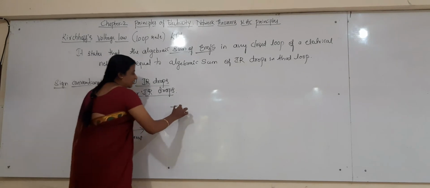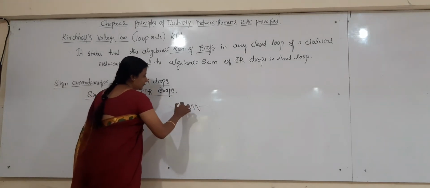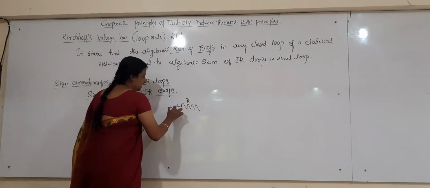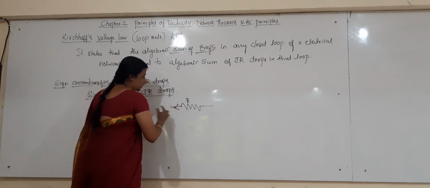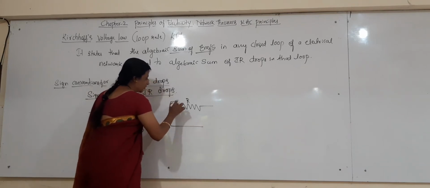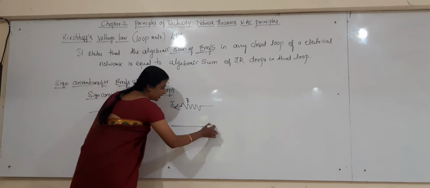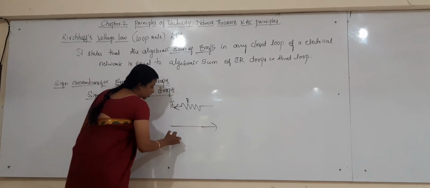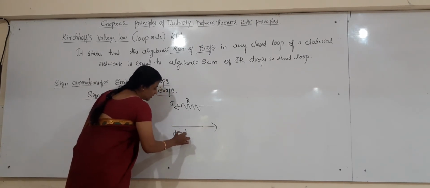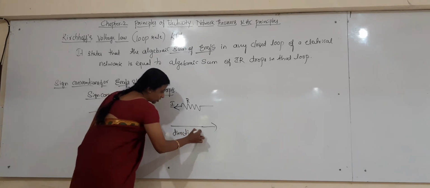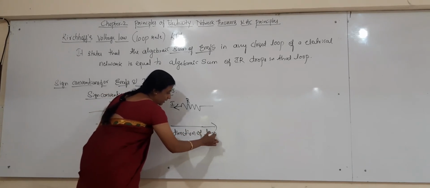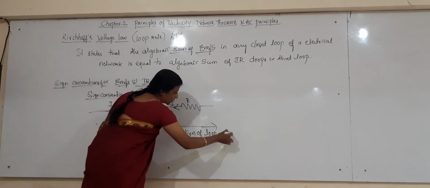If the current flowing through the resistor is in opposite direction, but whereas our direction of loop current is in another direction, both are opposite to each other.